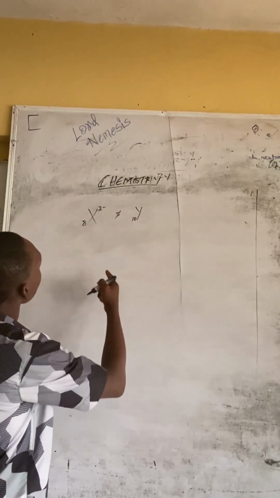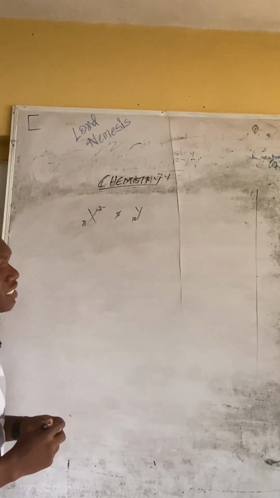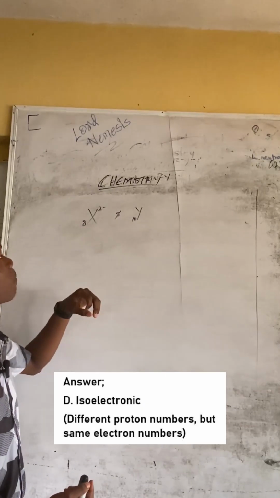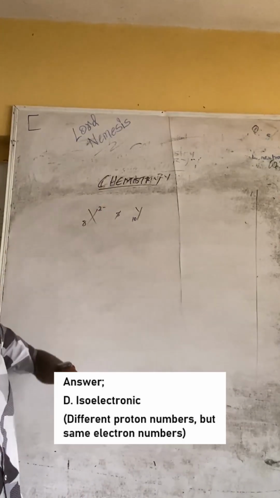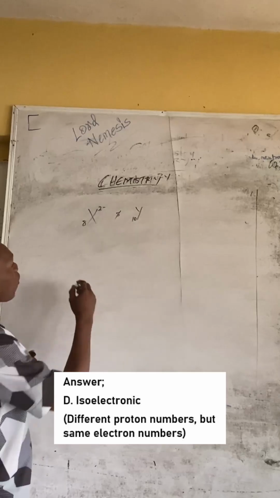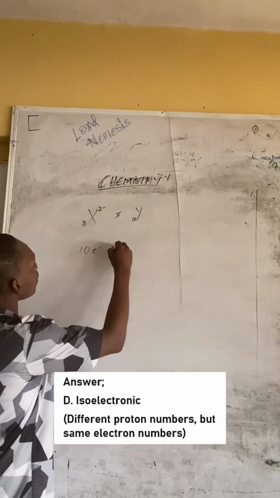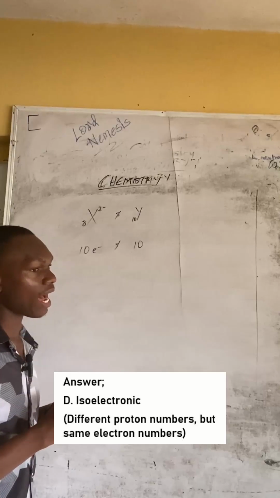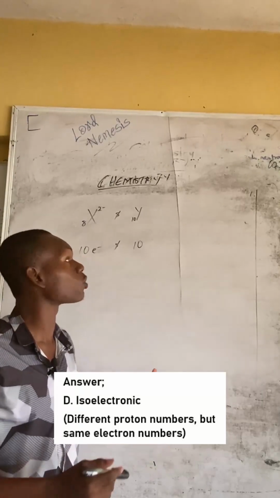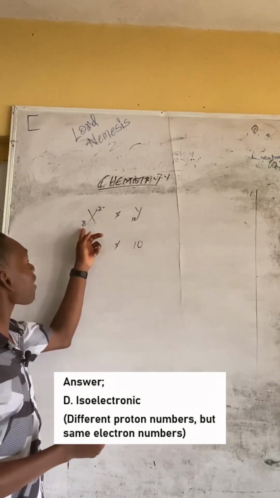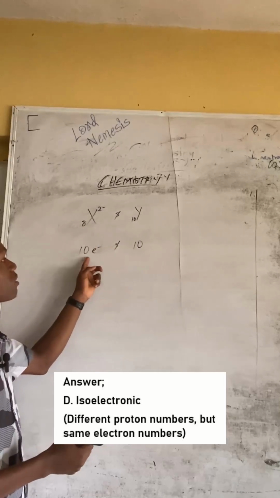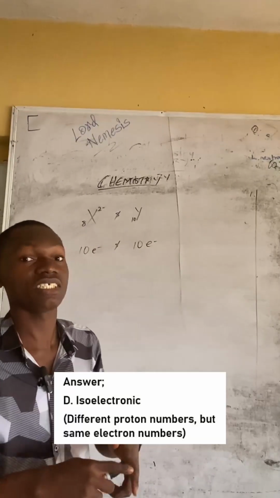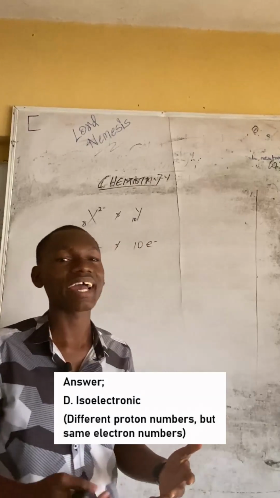But the electron number in X is 10, because initially X has proton number 8, but since it has gained 2 electrons, it now has a total of 10 electrons. And Y has proton number 10, and since it's in a neutral state, it also has 10 electrons. So they have different proton numbers but the same number of electrons. This scenario is what we call isoelectronic.